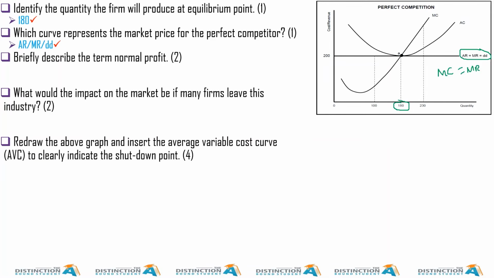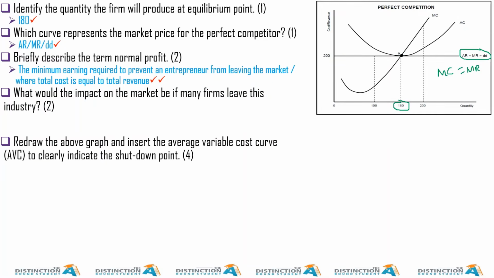Briefly describe the term normal profit. Okay, normal profit, that's the least that a firm should earn to prevent it from exiting the industry. Or you can say it is where your average revenue is equal to your average cost. You can say that.